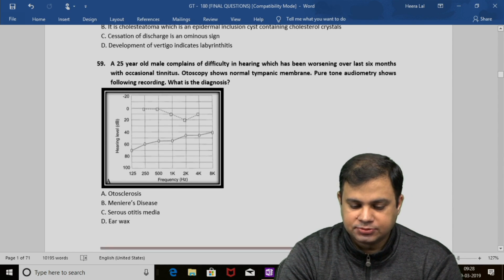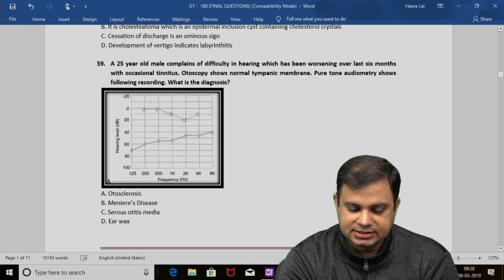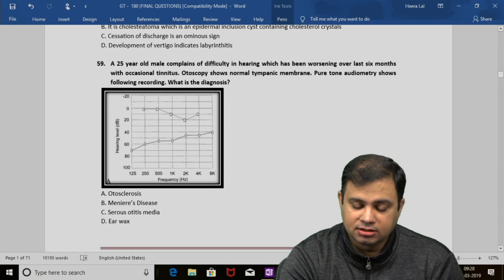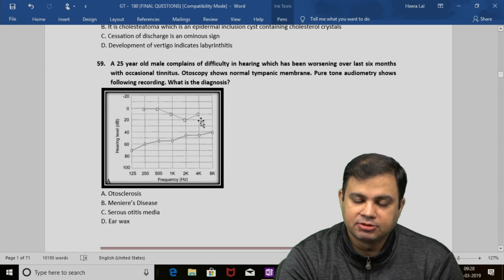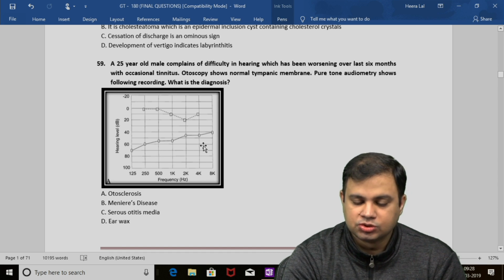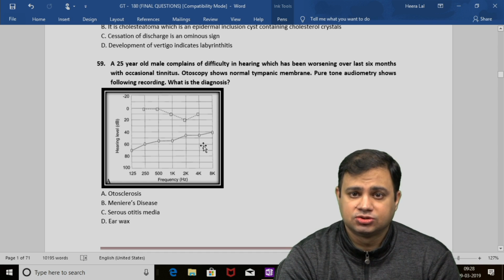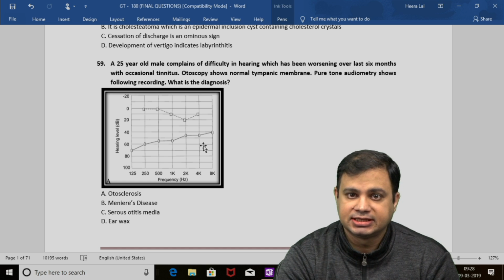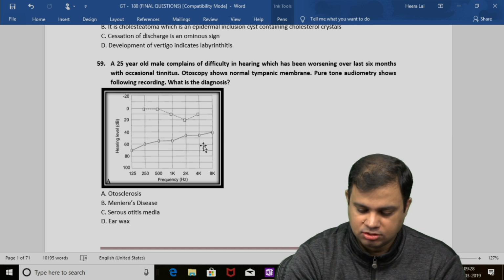Pure tone audiogram shows that the bone conduction at 2 kilohertz is dipping, but at 4 kilohertz it is coming back to normal, whereas air conduction is not dipping at the 2K. So, this is a typical feature of Carhart notch, and from the history, what we can diagnose, it is a case of otosclerosis.